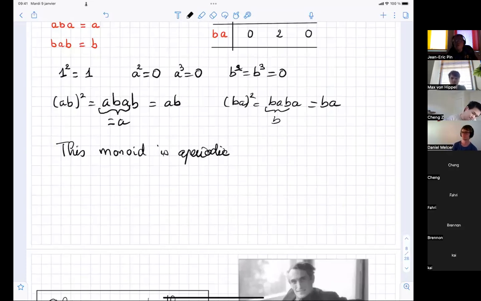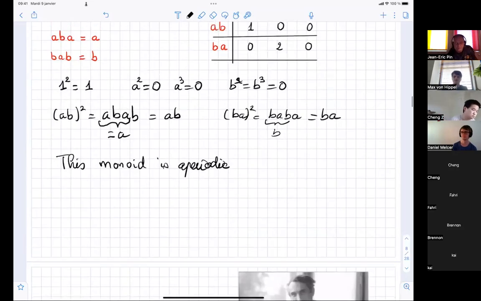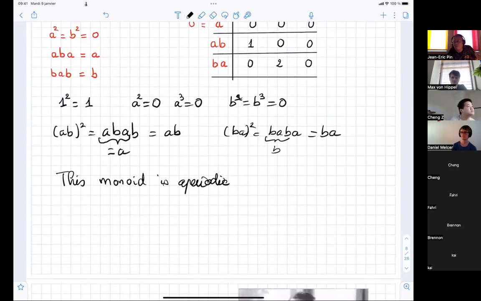So actually another name for aperiodic monoid is group-free. If you look at the literature, you'll find group-free. And so, yes, it is really connected to this. Of course, if you have a syntactic monoid that is a group, it's certainly not star-free, except if it is a trivial group.